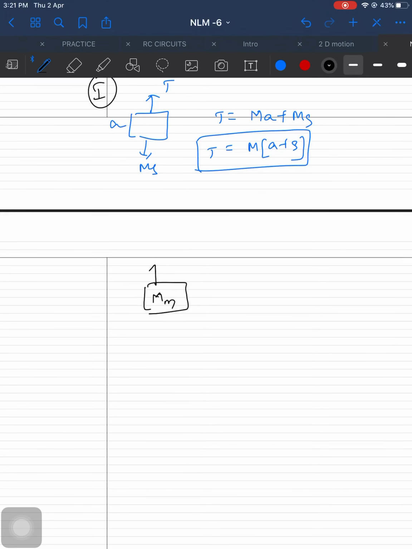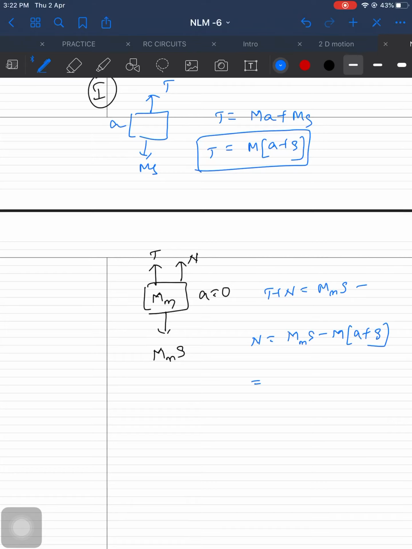Acceleration is equal to 0 because the man is not moving at all. So tension we already got. T plus N is equal to Mm g, and the normal is equal to Mm g minus M into (a plus g). Okay, this is the reaction from the ground in the first case.